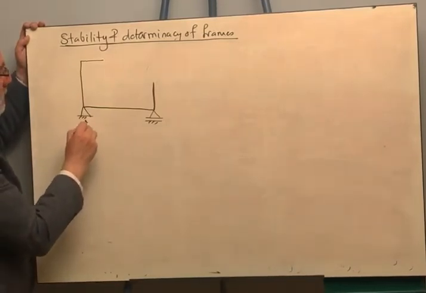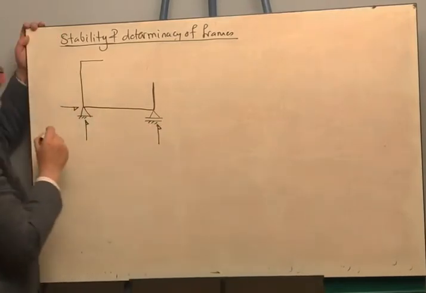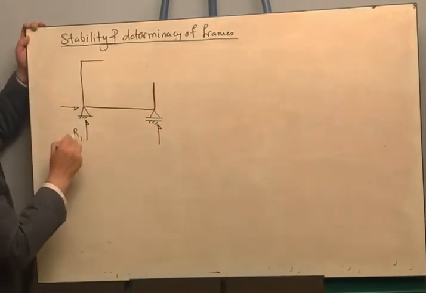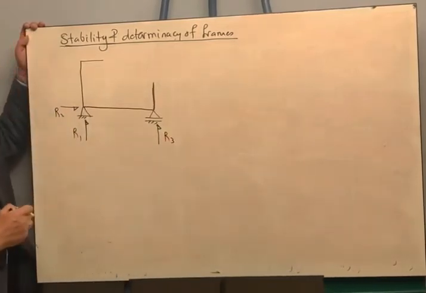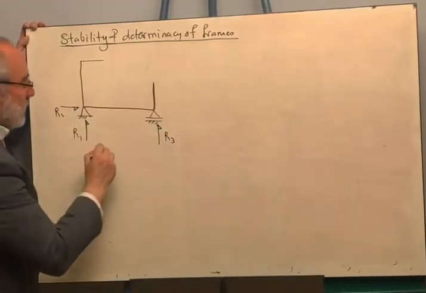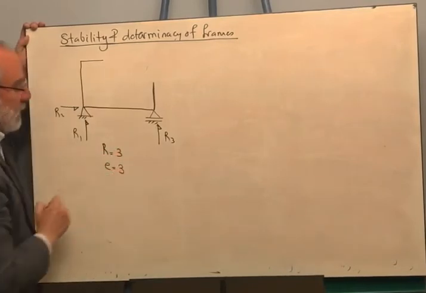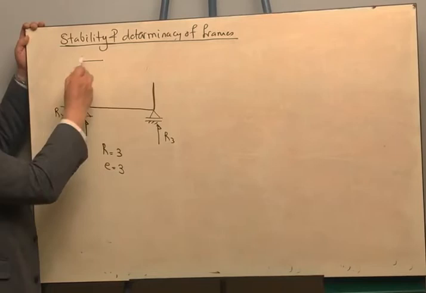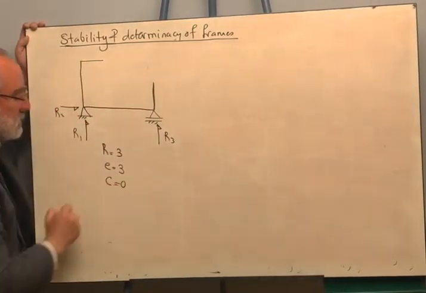I am having here 1, 2, and 3 support reactions. So I'm having R1 and R2 and R3. So how many reactions? We are having 3 reactions. How many equilibrium equations? We are having 3 equilibrium equations. We don't have intermediate hinge. So the condition equation is equal to 0.